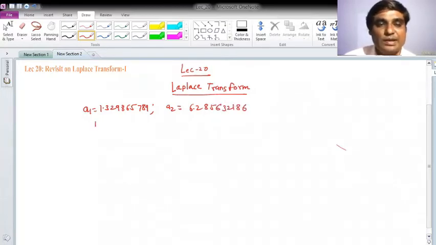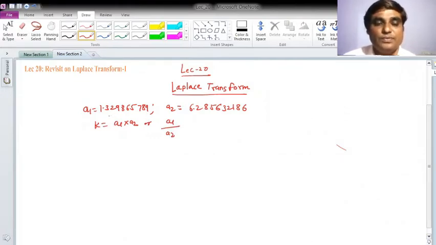If I would like to multiply them, k equals A1 times A2, or divide A1 by A2, how will you do it? If I want to do the exact multiplication using this many decimal places, what will happen?